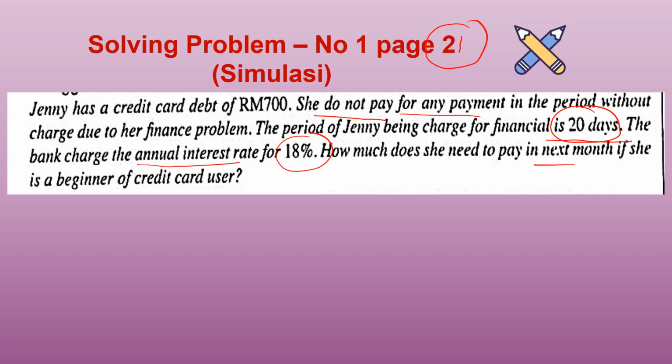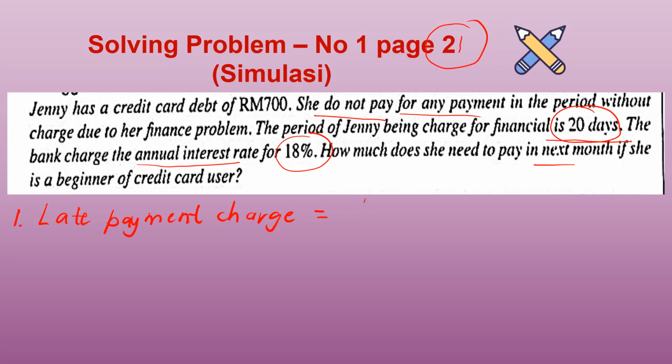So the first thing is you must find the late payment charge. Why late payment charge? Because she didn't make any payment in the period without charge.